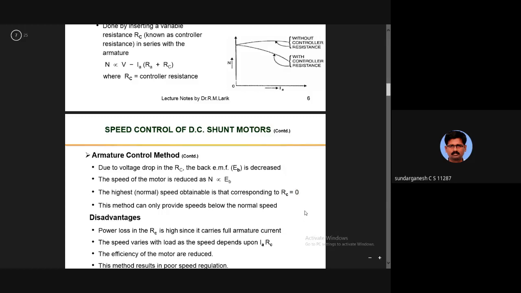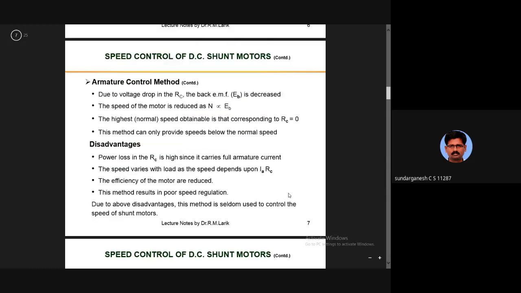Maximum speed is 100%. You can obtain up to the rated speed, but you cannot go beyond the rated speed in the armature control method. So this provides speeds below the normal speed, from 1500 RPM down to 100 RPM.